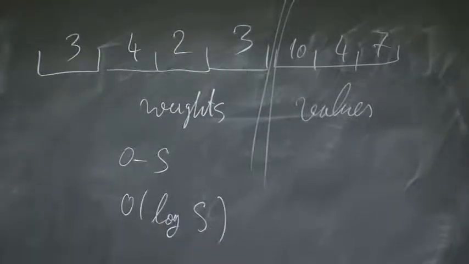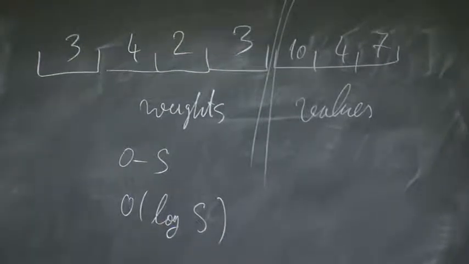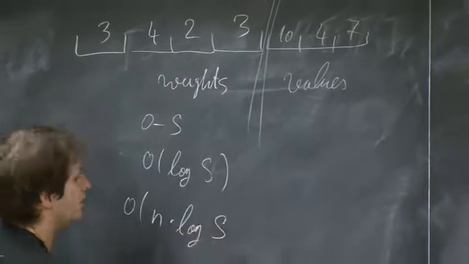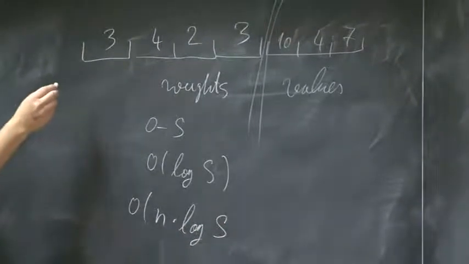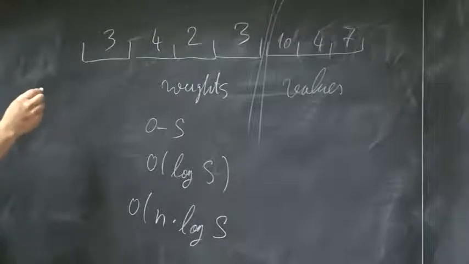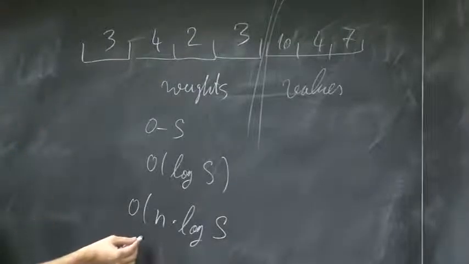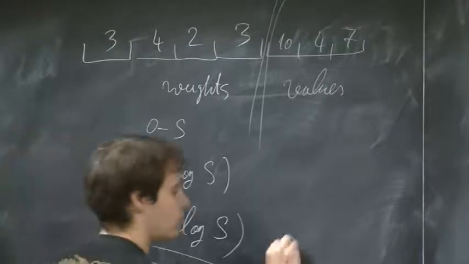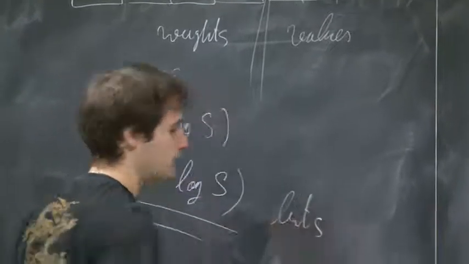Times the number of items. Yep. So if I want to represent all of them, I have order of n times log s, plus the number of bits required to represent n. This is log n. So log n is smaller than n, I'm not going to add it here. So this is my input size. This is how many bits I need for the input.